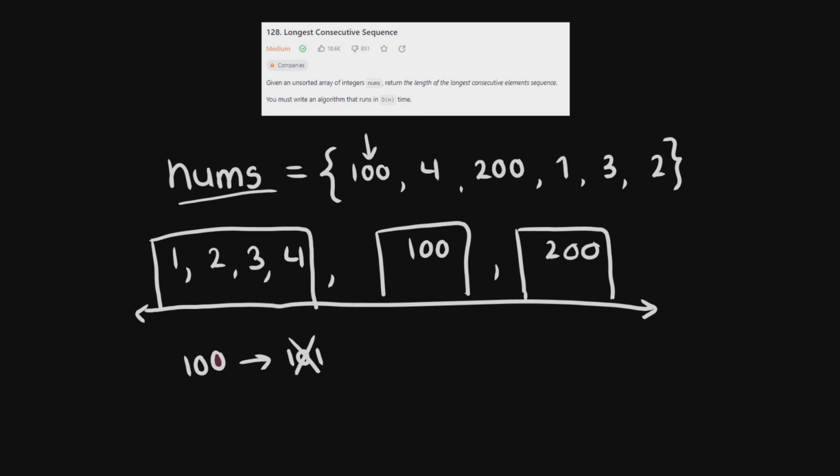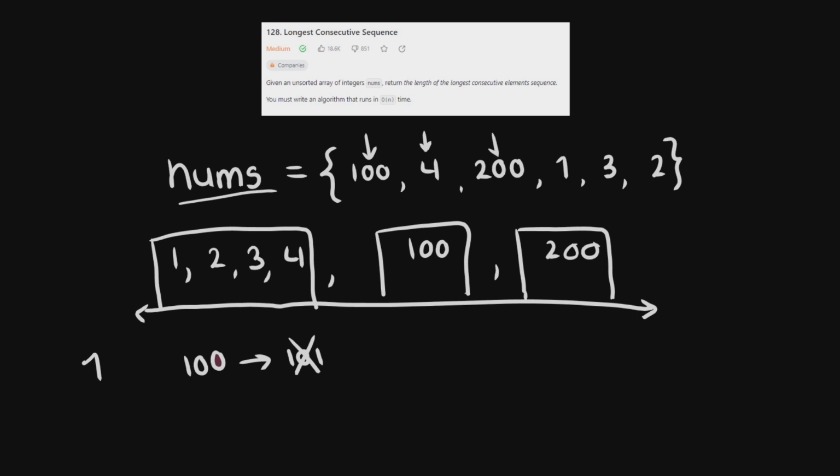And currently we have a largest length of 1. Then we take a look at the next element in nums, so this is 4, and 4 is preceded by a nums minus 1. So clearly we cannot define a new sequence starting with 4, so we move on.